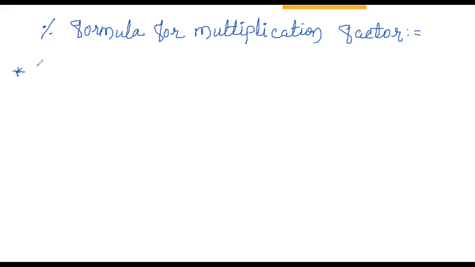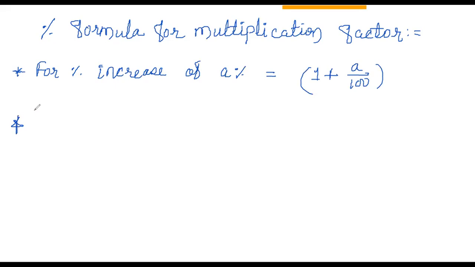So for a percentage increase of a percent, the multiplication factor will be 1 plus a upon 100.